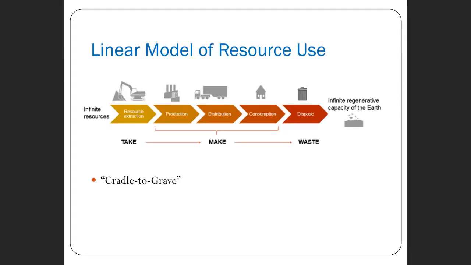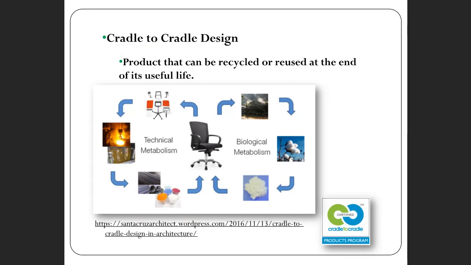Right, we saw previously a linear model of resource use, you know, cradle to grave, take, make, or waste. Again, one of you guys did a book report, and I should have my list of book reports up, but one of you looked at this guy's book.